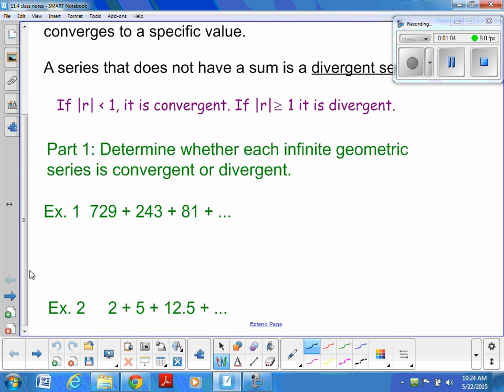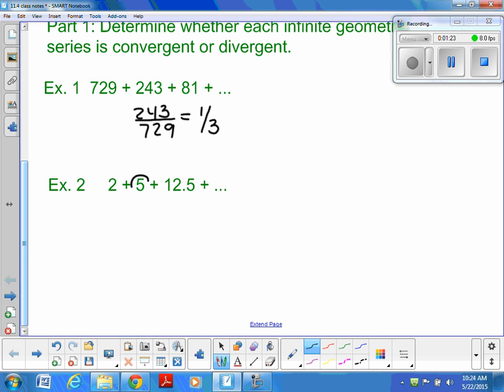You're going to divide 243 by 729. And isn't it 1/3? Okay, and then this one, let's just do this one really quick. The fastest way to figure out the ratio is 5 divided by 2, which is 2.5.